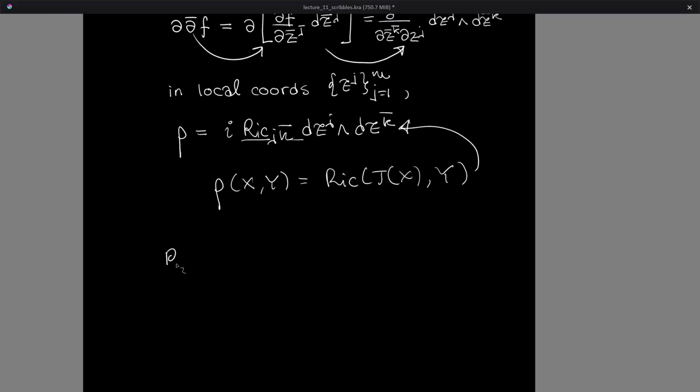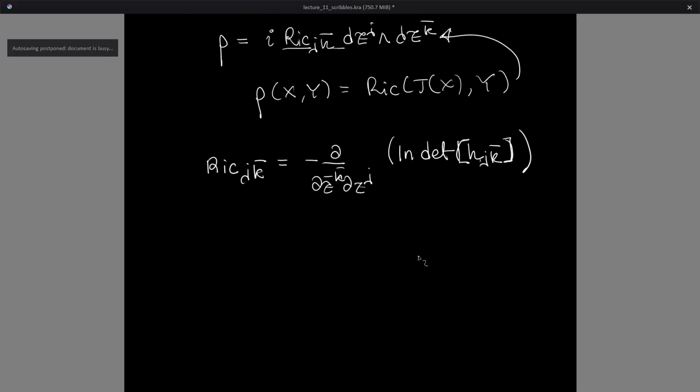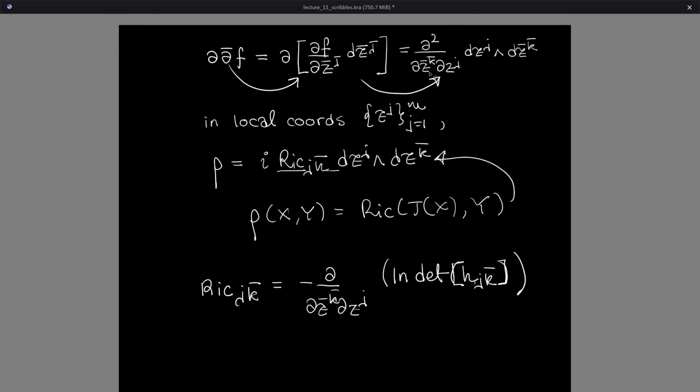We found in the last section that Ricci of jk bar would be equal to minus partial z bar k bar partial zj of ln of determinant of g j k bar, the matrix, or h, I suppose. Since this is true, we find this format here.